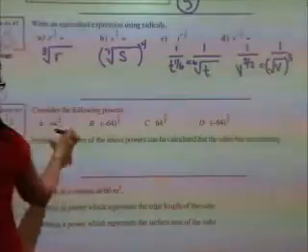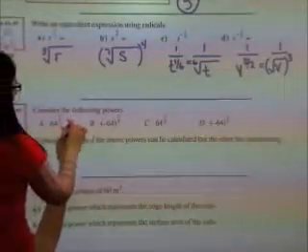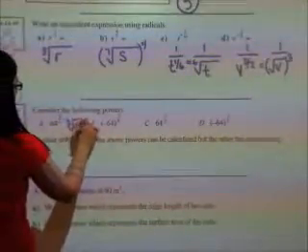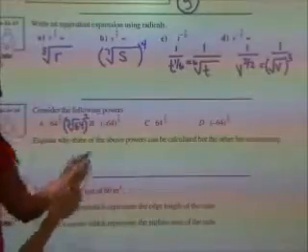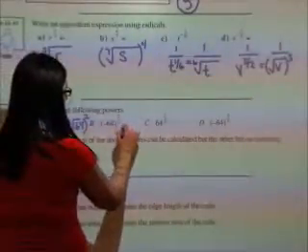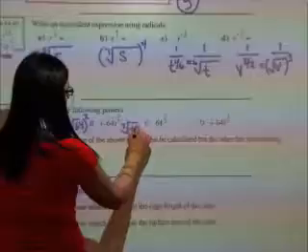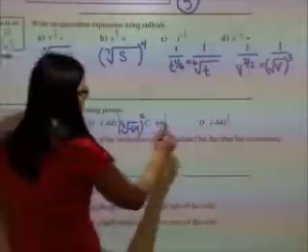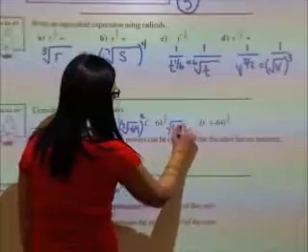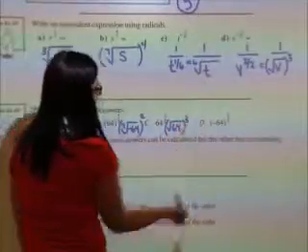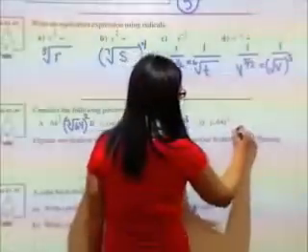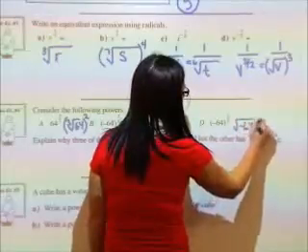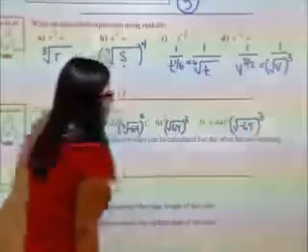So if we change all of these into radicals, 64 to the power of 2/3 becomes the cubed root of 64 squared. This one would become the cubed root of negative 64 squared. To the power of 3/2 becomes the square root of 64 cubed. And d becomes the square root of negative 64 cubed.